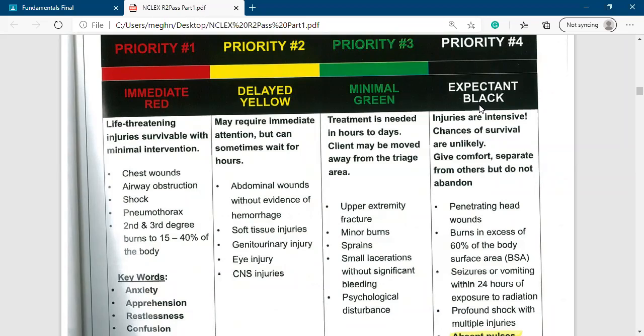It's called the black or expectant category or class 4, expected and allowed to die. Some information about class 4: injuries are intensive and chance of survival is very unlikely. Give them comfort, separate from others, but do not abandon.